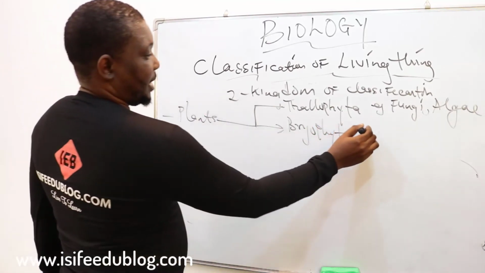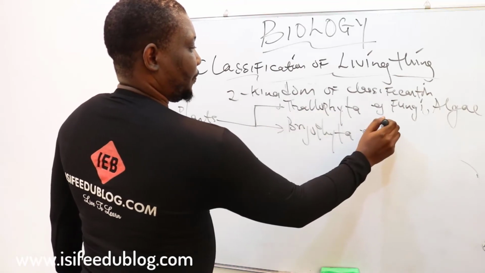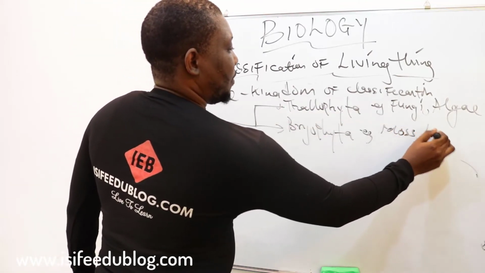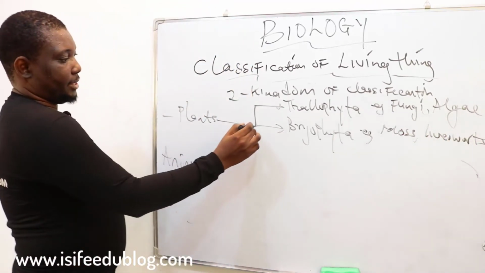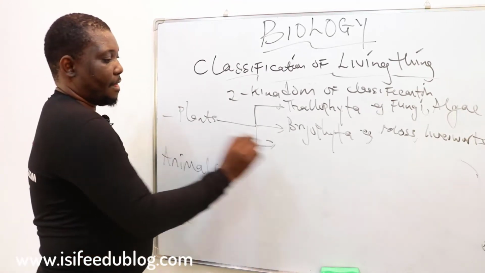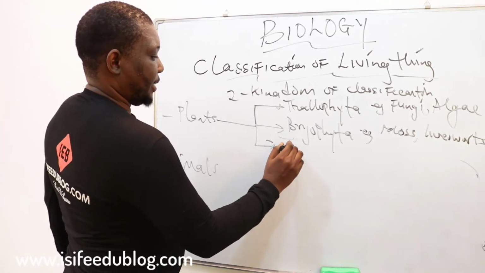And this is where we have the likes of mosses and liverworts. And next we have the Tracheophyta.